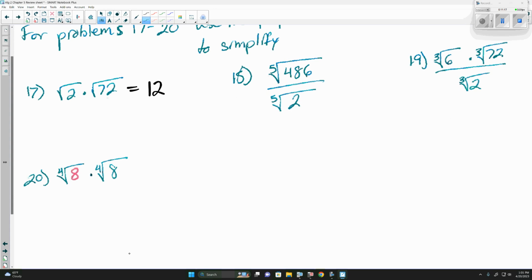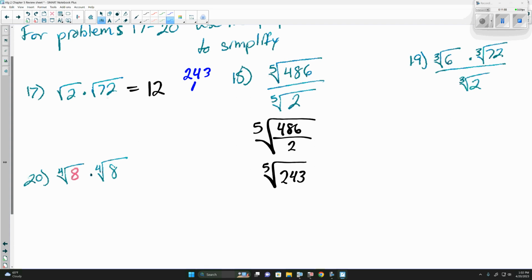Now, even with fifth roots, it normally doesn't do well with fifth roots. We could try plugging this in first, seeing if it gives us an answer that is an integer. We don't have a decimal. But if it does, well, 486 and 2 do divide evenly, where we don't have a fraction anymore, yes? 486 divided by 2 is 243. Now at this point here, we can see if we can take the fifth root of 243.